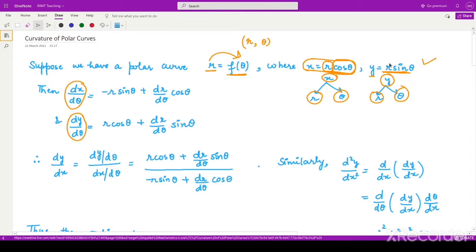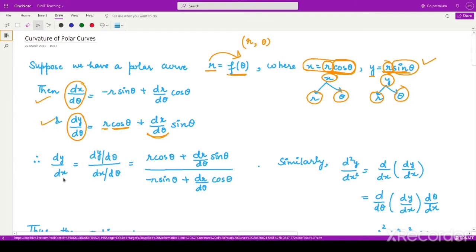Similarly here, r is a function of theta and sin theta is obviously a function of theta. So first function as such, the derivative of sin theta is cos theta, and then the derivative of r would be dr by d theta, and then sin theta as such. So these two terms we obtain.